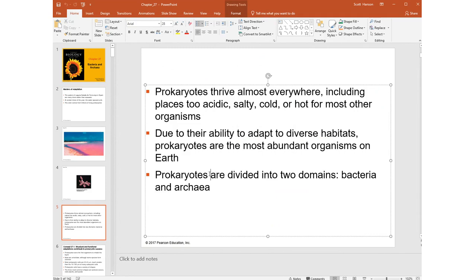So what else is interesting? Like I mentioned at first, the organisms that have prokaryotic cells are from two different domains, the bacteria and the archaea.